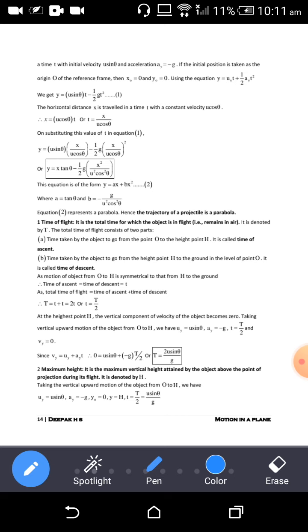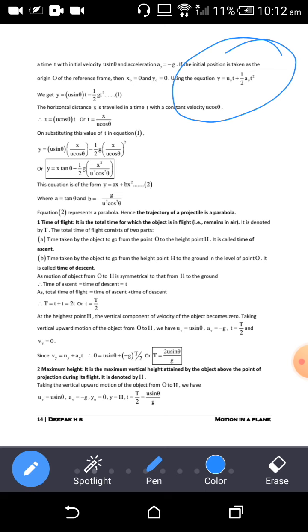So hence we write the distance of the object as y is equal to u subscript y t plus half a subscript y t square, which is similar to s is equal to ut plus half at square.